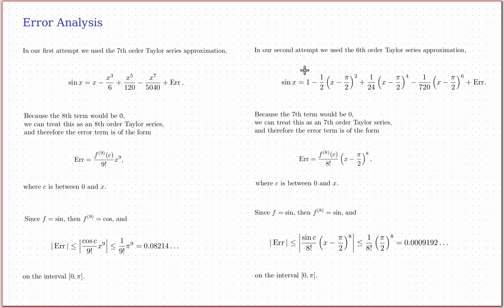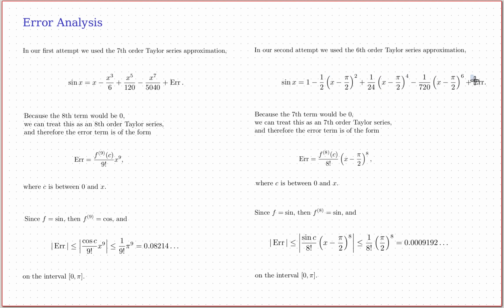Once again, let me make the observation that this can be regarded as a 7th order Taylor approximation, because the 7th power term would be 0 in the Taylor expansion at pi over 2. And therefore, we can treat this as a 7th order Taylor approximation.